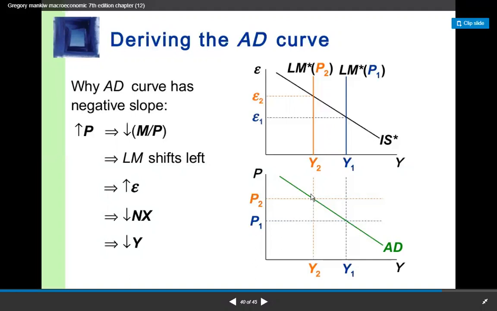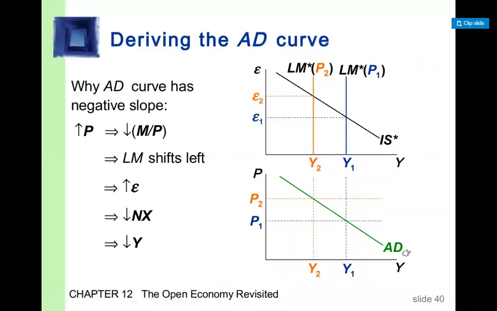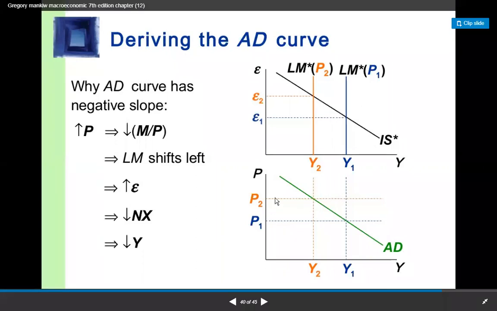This is a point where Mundell-Fleming model equilibrium is formed at P2. Now we have 2 points. First point, second point. Join 2 points and draw a line, and we derive the aggregate demand curve. Now, as price level increases, think about that.